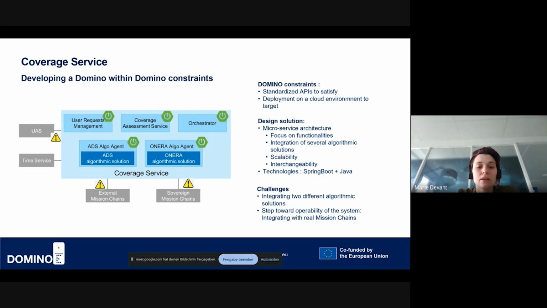So we tried to plug the cover service into real sovereign mission chains, to be able to compare the planification of the cover service and the planification of a real mission chain. So that was another big challenge to address. And I think that's all for me. If Cedric or Cyril want to add something for the next slide, maybe.